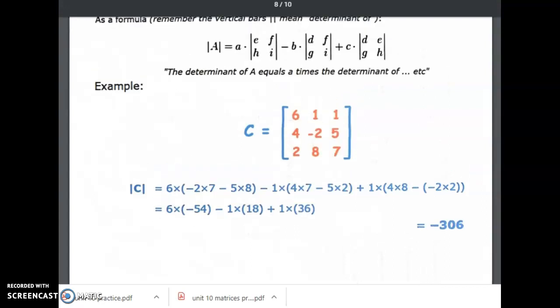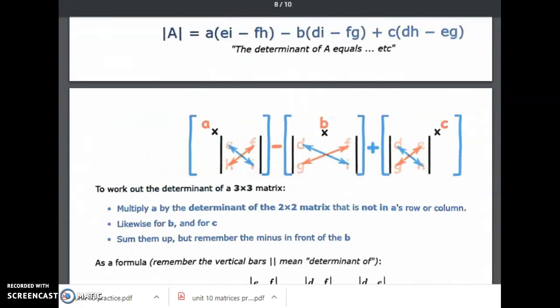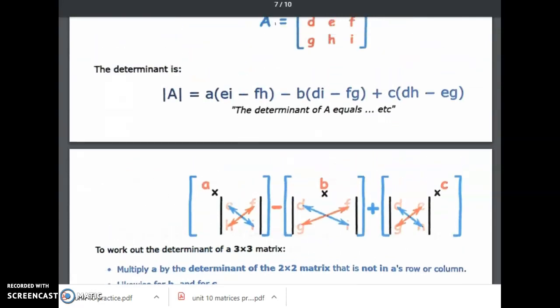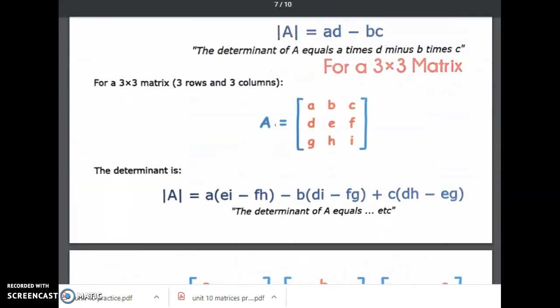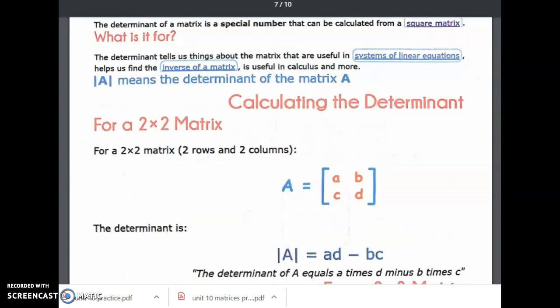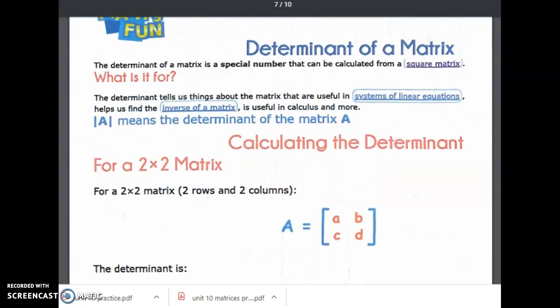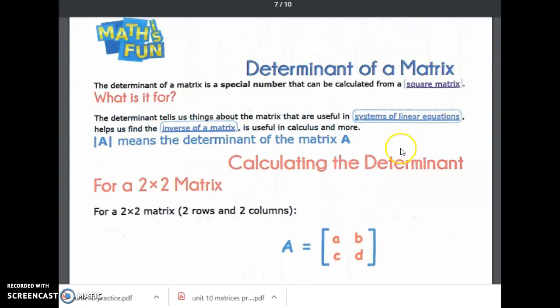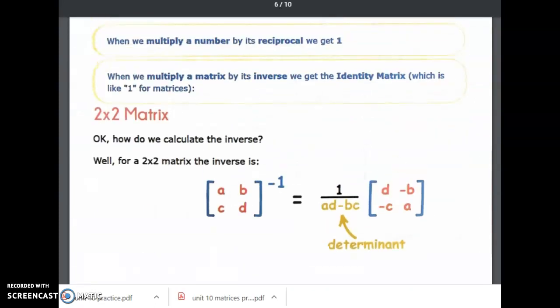One thing that we glossed over is that you will not have to find the inverses of 3 by 3 matrices. I will show you how to do that in the calculator, but you will have to find the inverse of a 2 by 2 matrix. So remember, the determinant of a 2 by 2 matrix is really easy. It's just AD minus BC. And I told you that we use that to calculate the inverse.